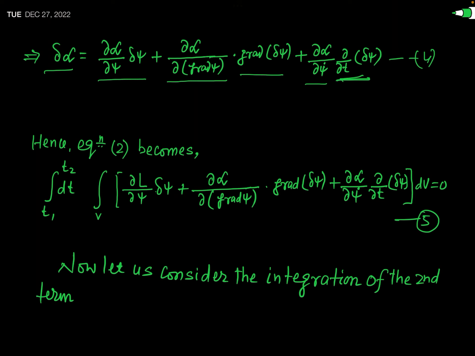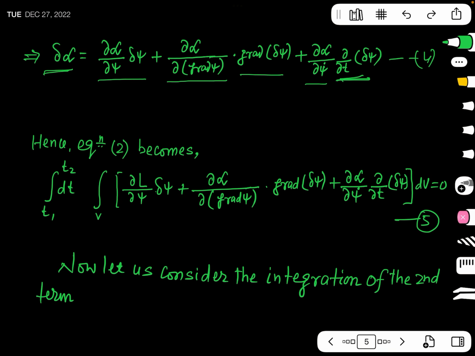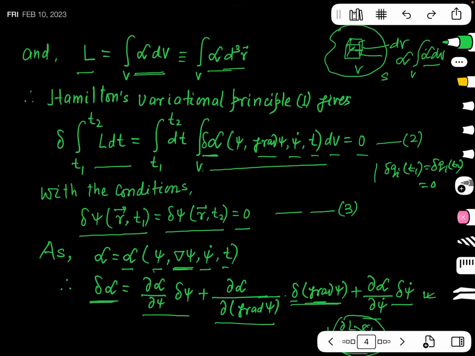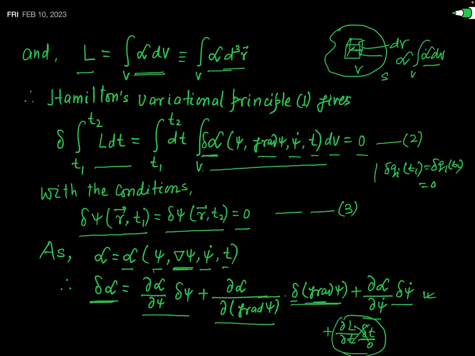After getting the value of this delta L, what will be the form of Hamilton's variational principle, which you have written here in equation 2? Replace delta L by the expression we have just obtained.